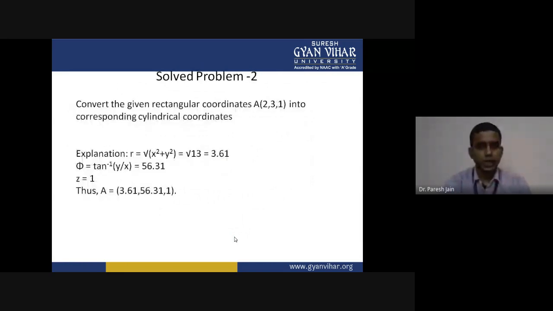Convert the given rectangular coordinates A, 2, 3, 1. The values of x, y, z are respectively 2, 3, 1, into the corresponding cylindrical coordinates.